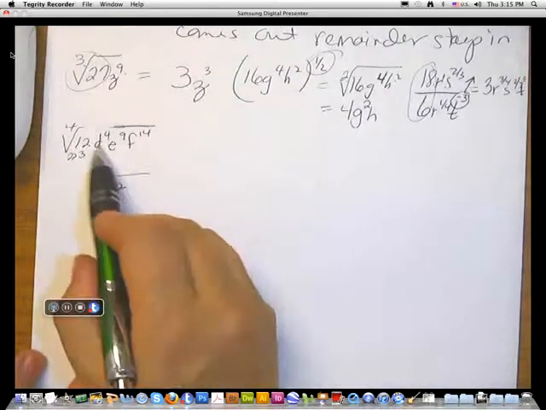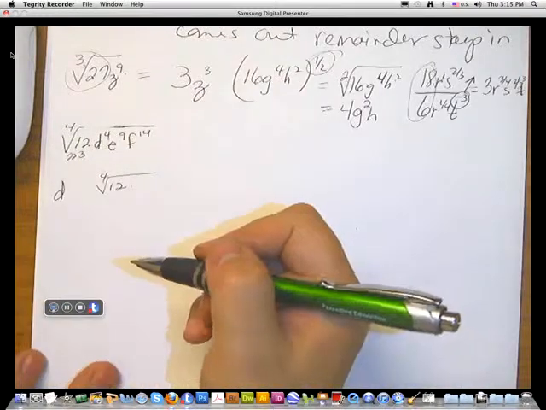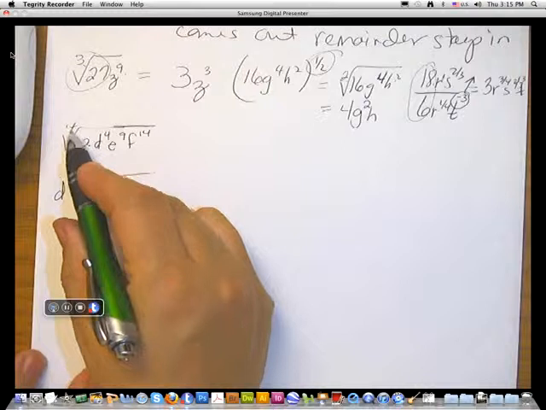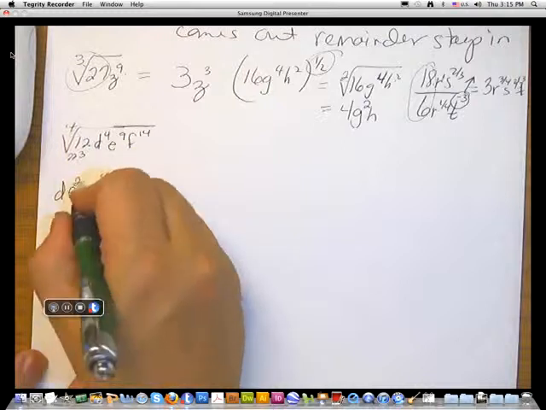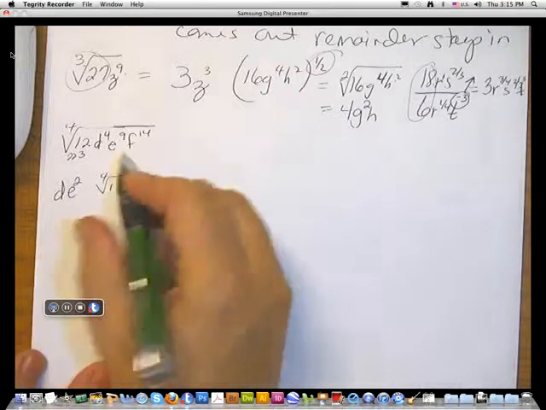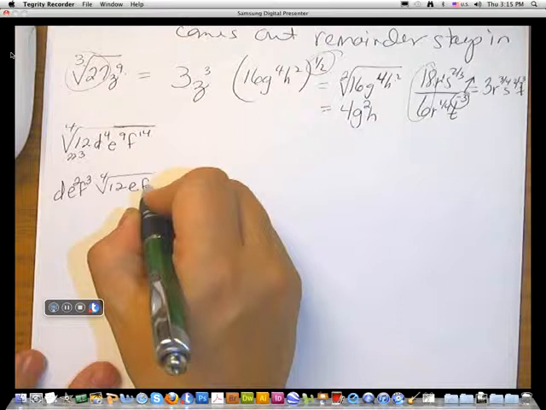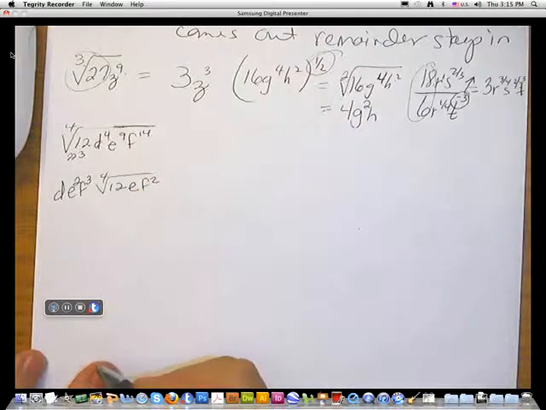Now we look at the d. 4 goes into 4 one time with nothing remaining. e: 4 goes into 9 2 times with 1 remaining. 4 goes into 14 3 times with 2 remaining. And you're done.